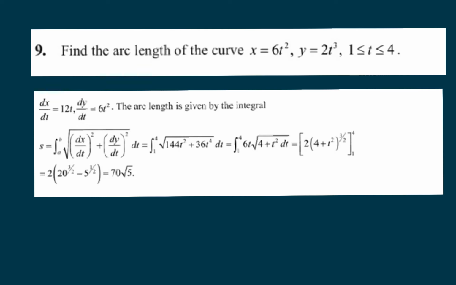If you do the derivative of this function with respect to t, you find 6t square root of 4 plus t squared. Evaluate between t equal 1 and t equal 4, you will find this result, and the problem is solved.